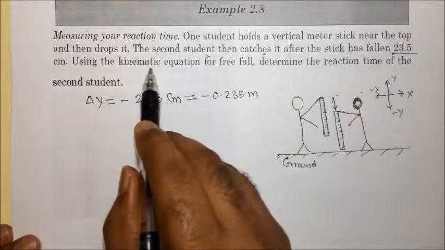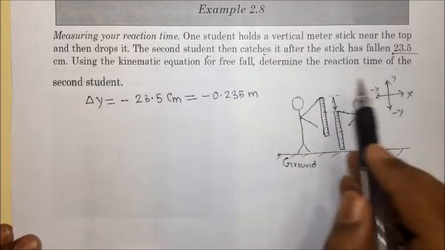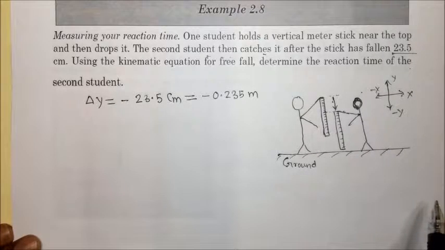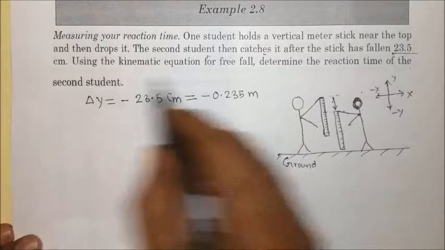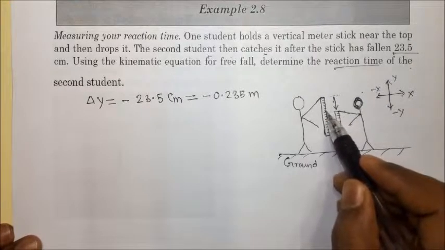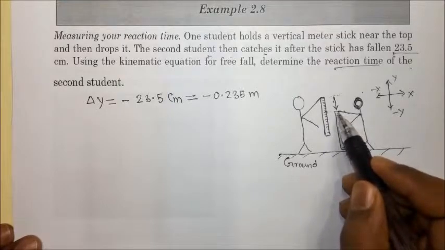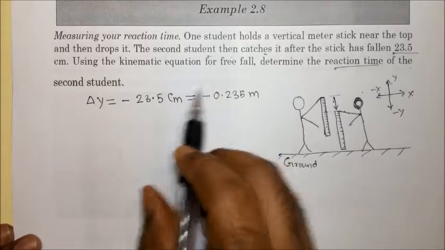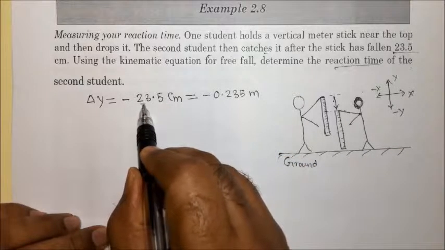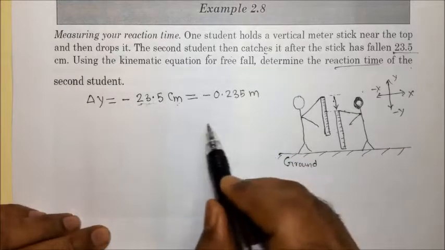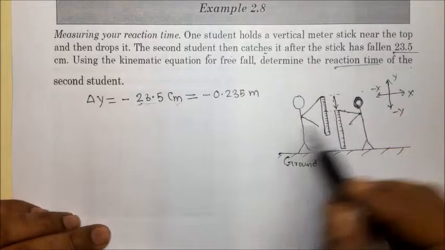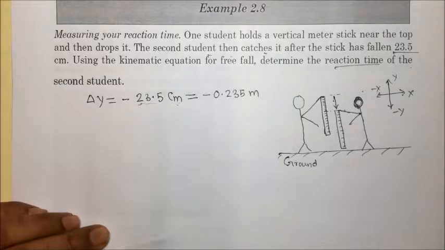So using the kinematic equation for free fall, find the reaction time of the second student. Okay, so what reaction time means is how fast he is going to grab it. If his reaction time is very fast, then this will be quite less. If reaction time is slow, the stick will fall more and this distance will be more.